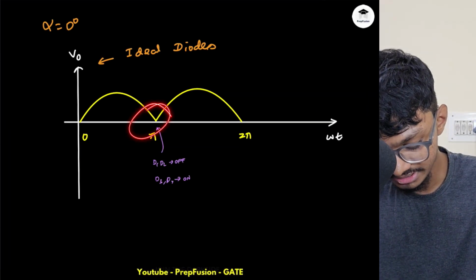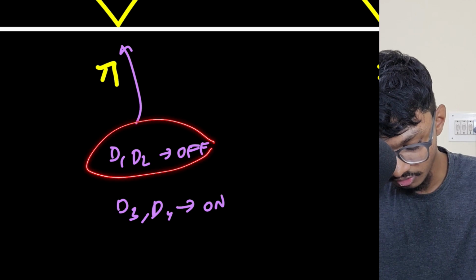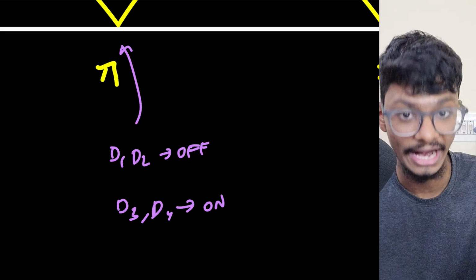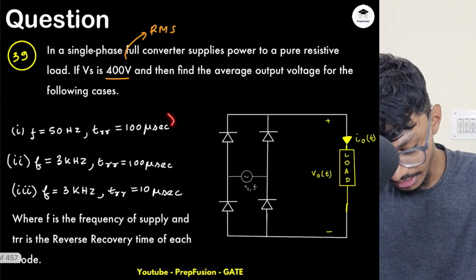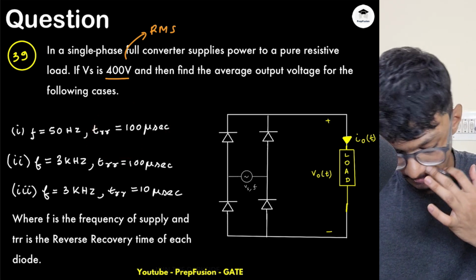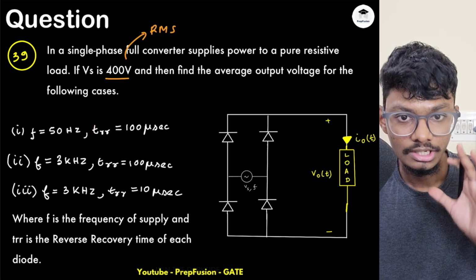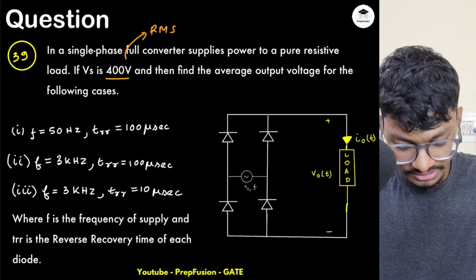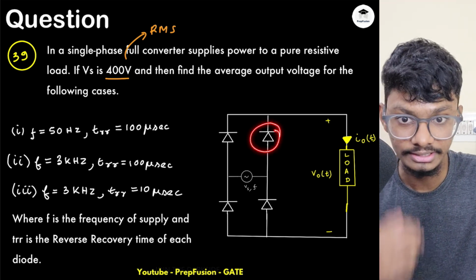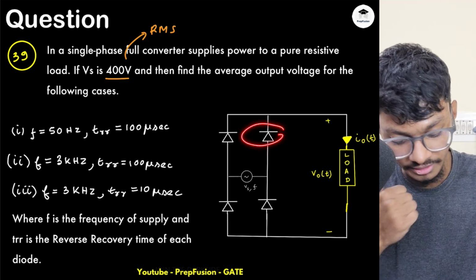But as D1, D2 are turning off, in a practical case they are not actually turning off, because I have some finite reverse recovery time. The charge carriers are still present inside the diode, so it is still on.